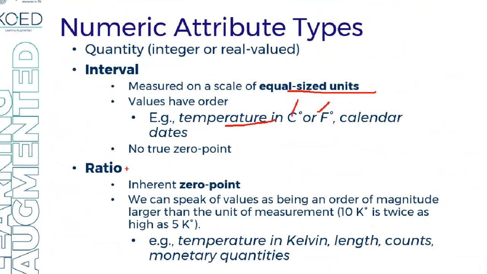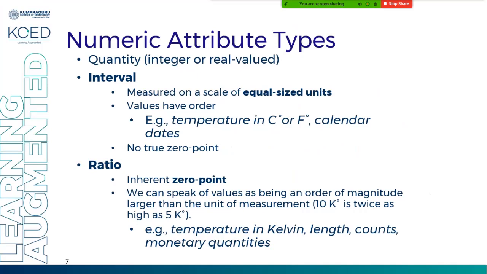Ratio means values have an order of magnitude. For example, 100 is twice 50, and 100 is 4 times 25. So these are known as ratio.